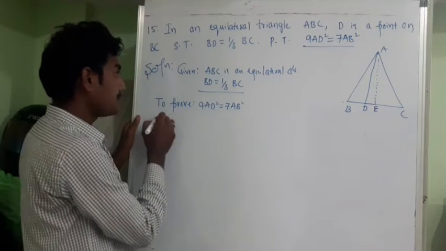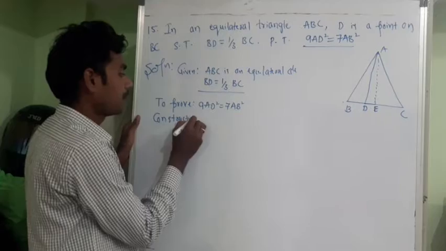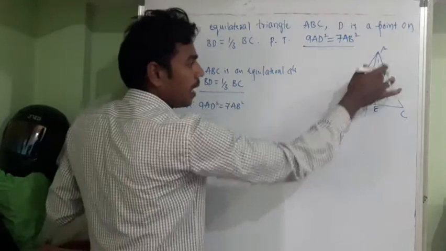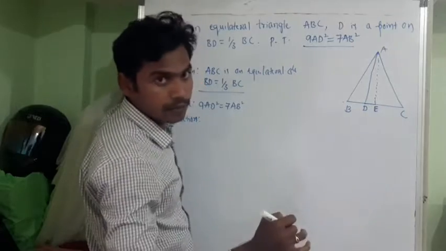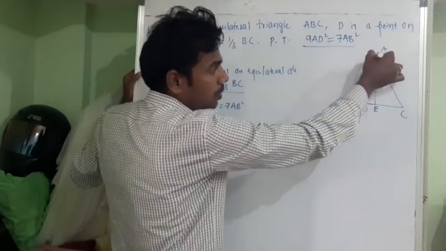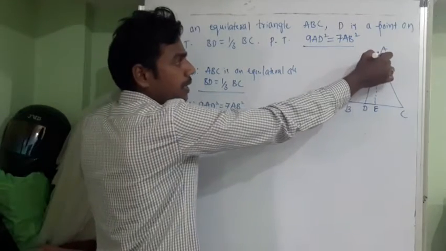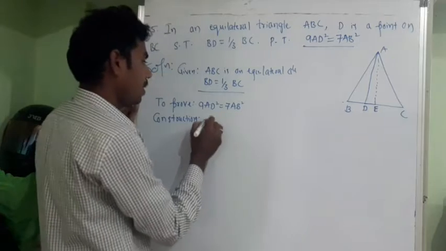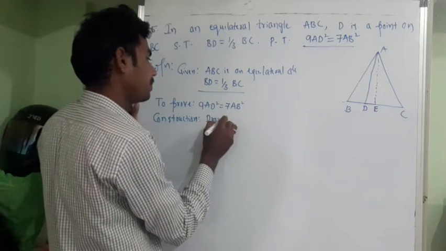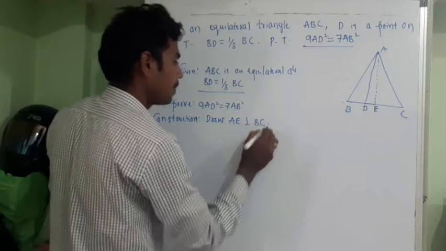Next, construction. What construction did we do? AE we have drawn. To avoid confusion, we need to show the construction by a dotted line. I have shown it. AE perpendicular to BC. Proof.